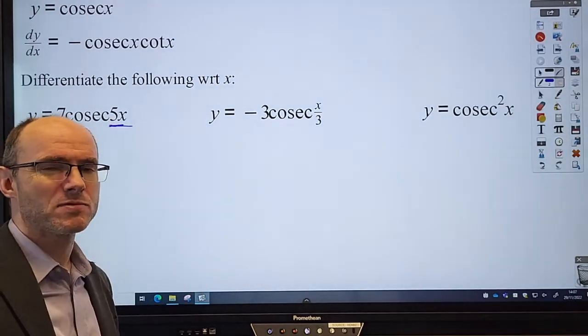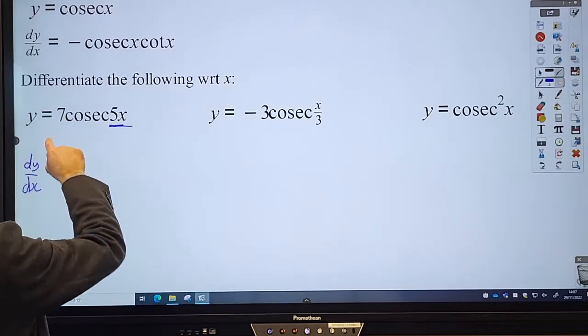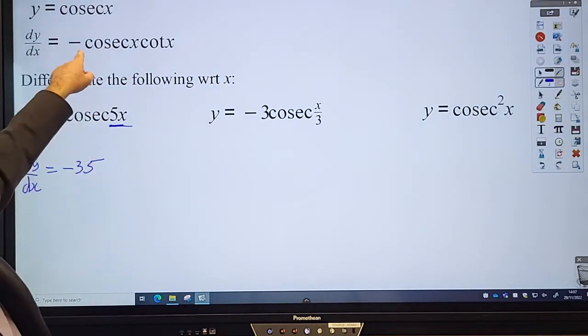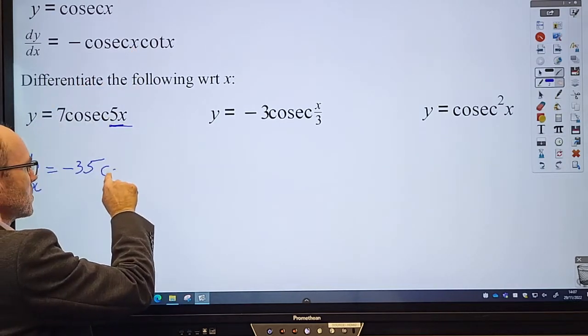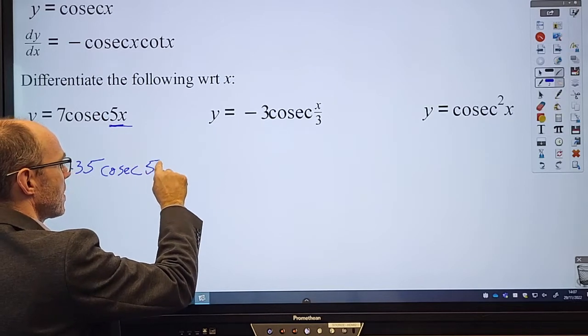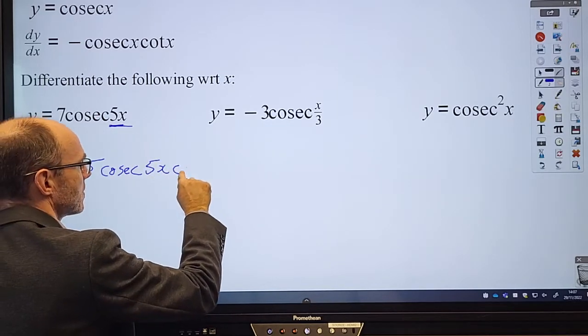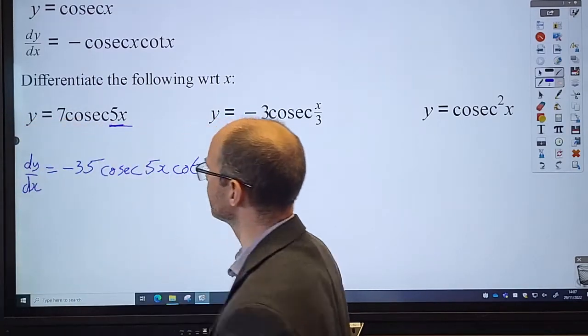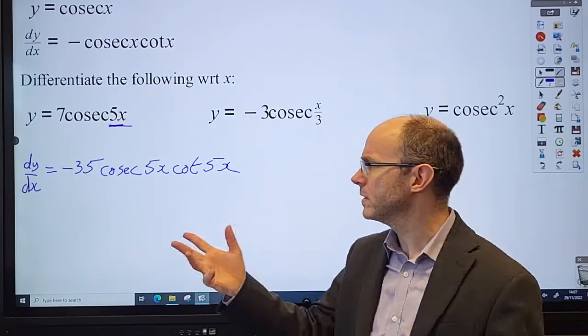We'll do that now. Differentiate 5x, you get 5, times it by 7, you get 35. So it's going to be negative 35, and then we have cosec cot. So cosec, the angle is 5x, and then cot, the same angle, 5x. That was relatively harmless, wasn't it? Did it all in one go.